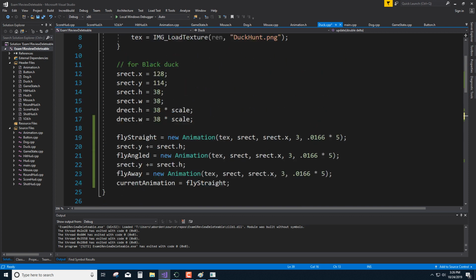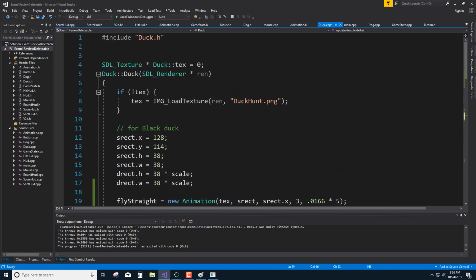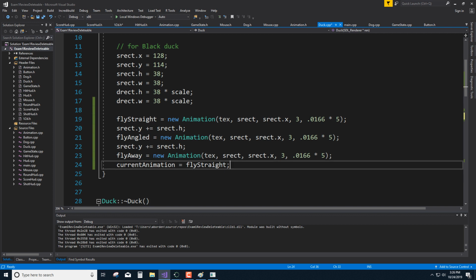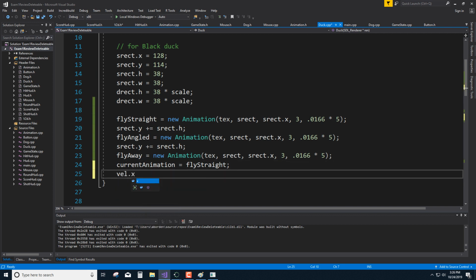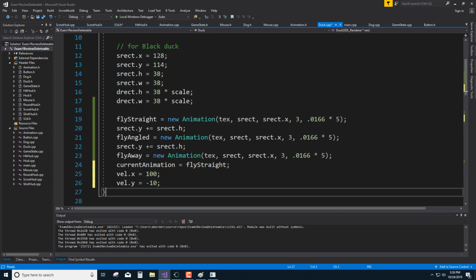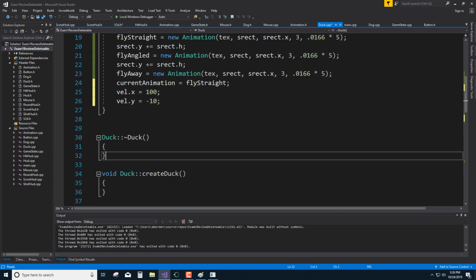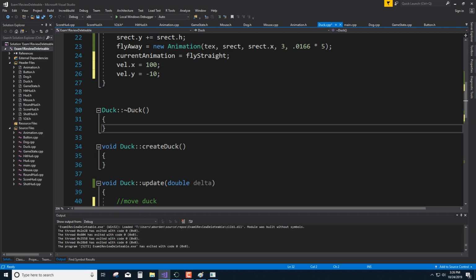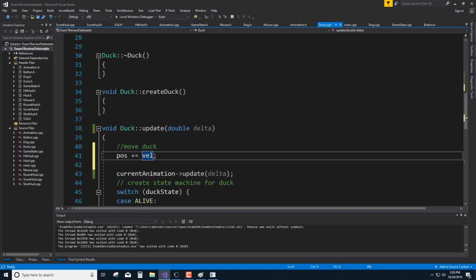And if we set our duck's velocity up in the constructor, we say velocity.x equals 100, and velocity.y equals -10.